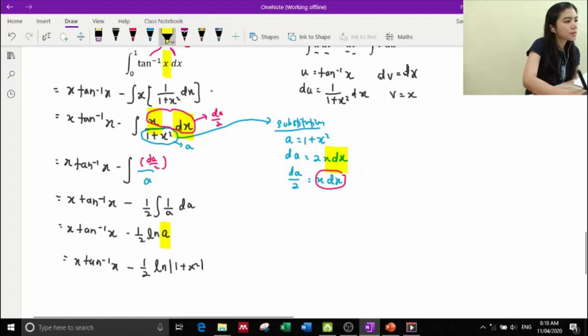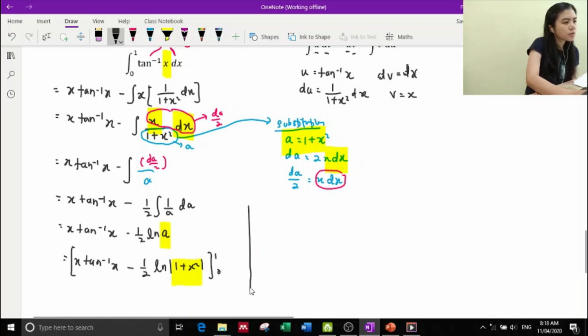So 1 plus x squared is coming from here, right? Don't write the plus c, because this is the definite integration, so we have the limits 1 and 0 here.